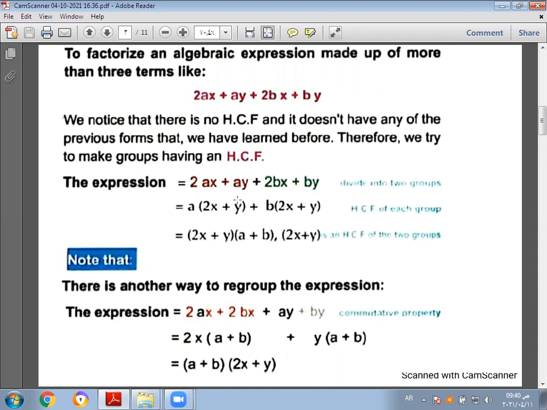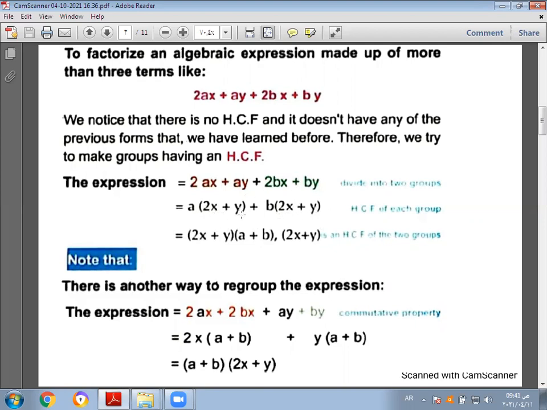We find a is the HCF, then we take a as HCF, and we find in the bracket 2x plus y. In the other group, we take b as HCF, b and b, so the remainder will be 2x plus y.